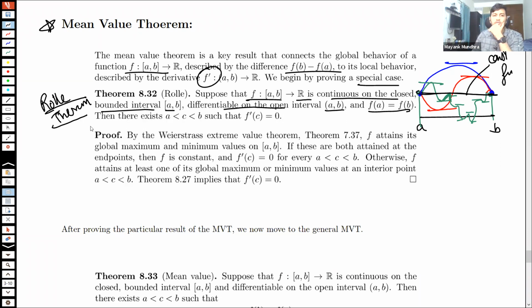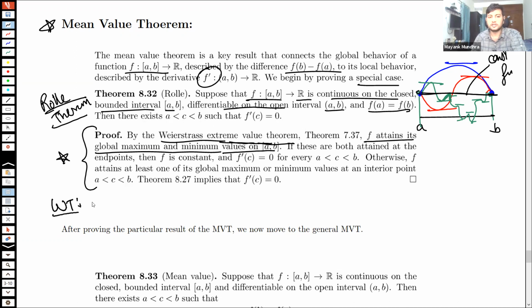So the proof is important. By Weierstrass's theorem, you know that f attains its global maximum and minimum values on a to b. So what is Weierstrass's theorem?